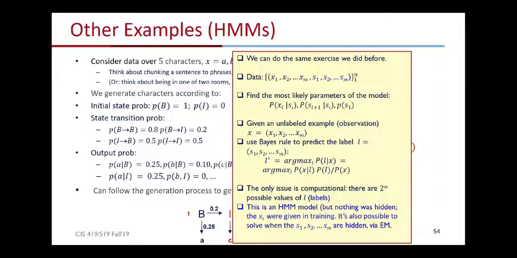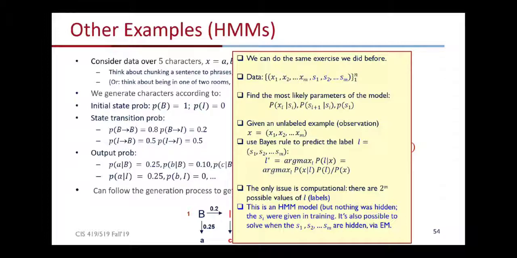So given an unlabeled example, an observation, a sentence, x1 up to xm, we want to use Bayes' rule in order to find the most likely label that could be the states. And again, we're going to use Bayes' rule in order to do it.